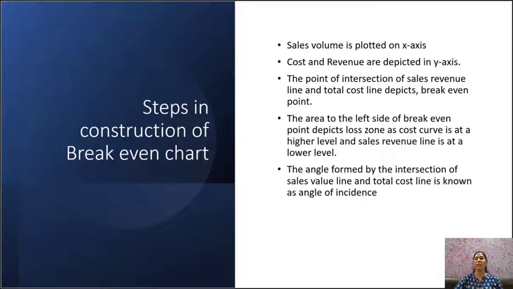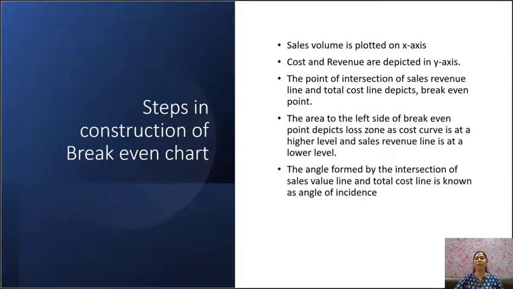Second, cost and revenue are depicted on the y-axis. Fixed cost remains constant irrespective of the sales volume, but variable cost starts from 0, then goes on increasing as the quantity of production or the sales volume increases.